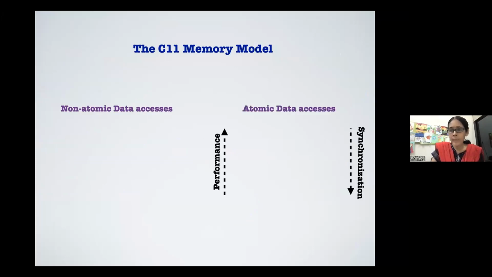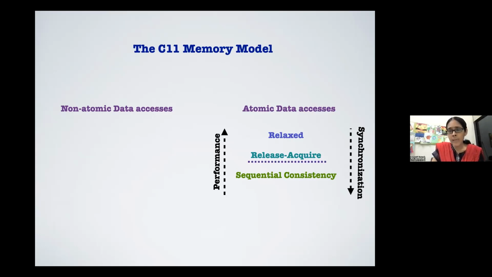Within the atomic data accesses, we again have a wide spectrum. Of course, I have not written everything; I've written what is more relevant for today. It has the relaxed kind, which is highly performant and barely synchronizable, all the way down to sequential consistency, which is very expensive to implement and has high synchronization. As we see, release acquire sits in the middle.